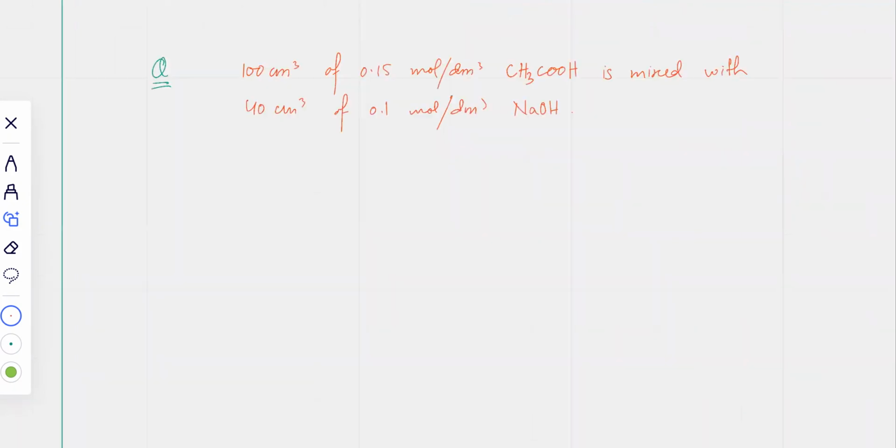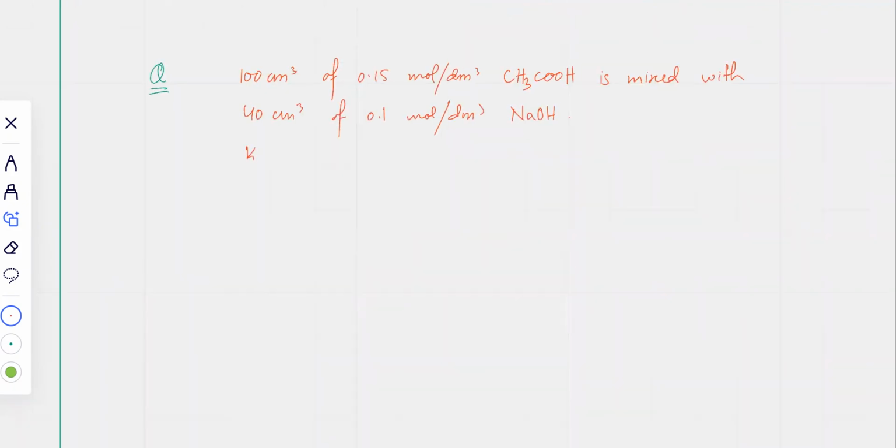That's what's provided. And they've given us the Ka value of ethanoic acid, and that value is 1.8 times 10 to the minus 6. And they're asking for the pH of the buffer.